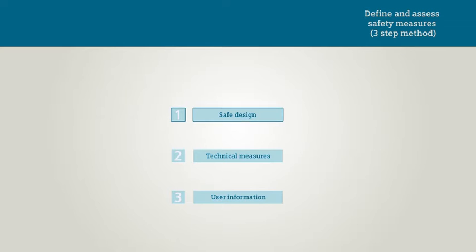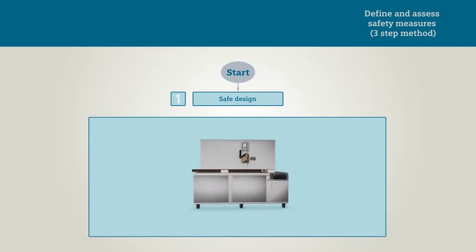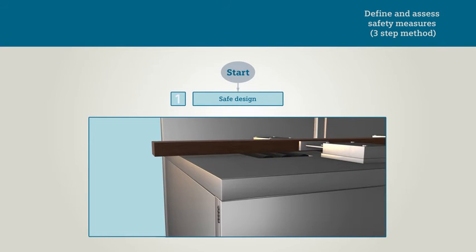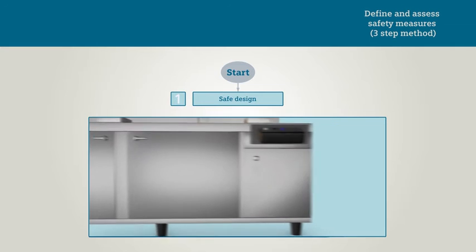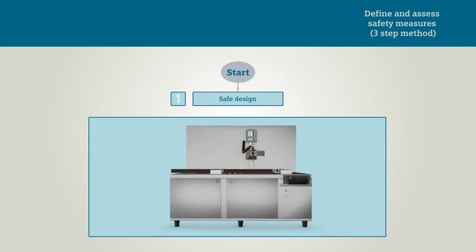Inherently safe design is the first and most important step in the risk reduction process. That is why you always begin with the definition of constructive measures. These measures have highest priority in regards to risk reduction. Among others, they include geometrical factors like, for example, avoiding sharp edges and corners, as well as ergonomic principles, which reduce the physical exertion needed by the operator.